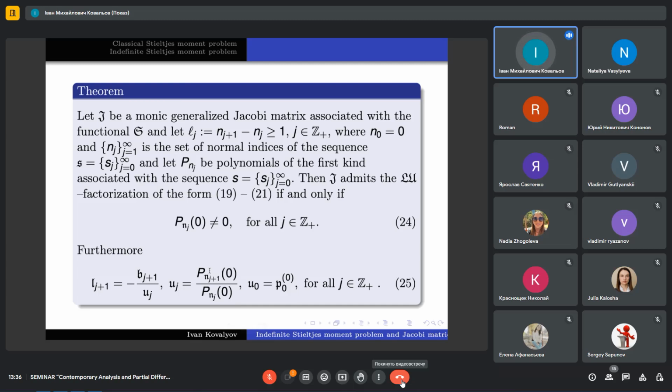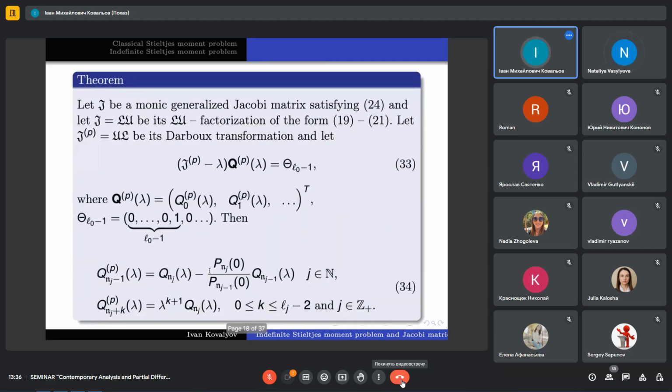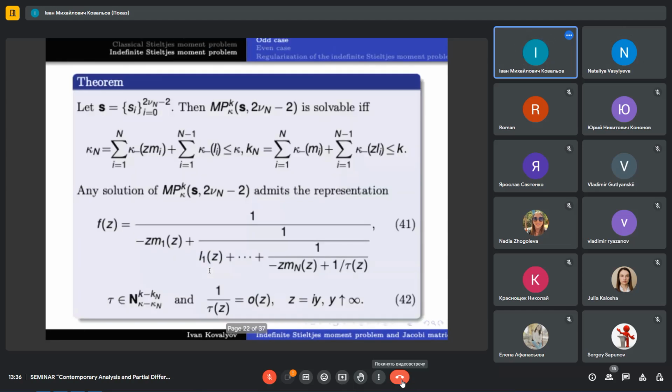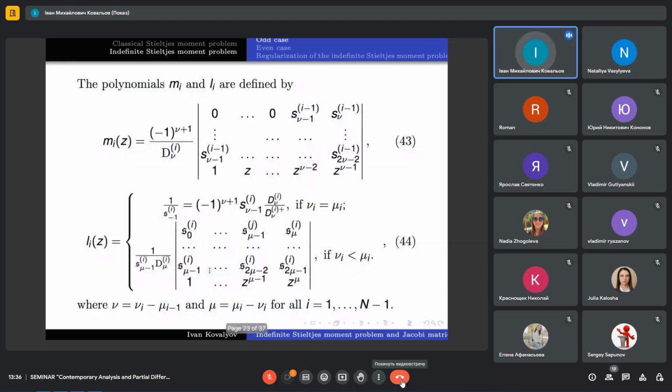If sequence S is regular, then all the L_i in this representation are constants. In the general case, of course, the L_i are not constants because they may be polynomials, maybe constants, so we have some mix of it. But in a regular case, we have only constants.